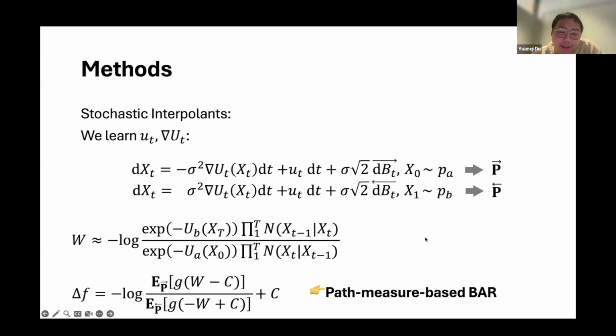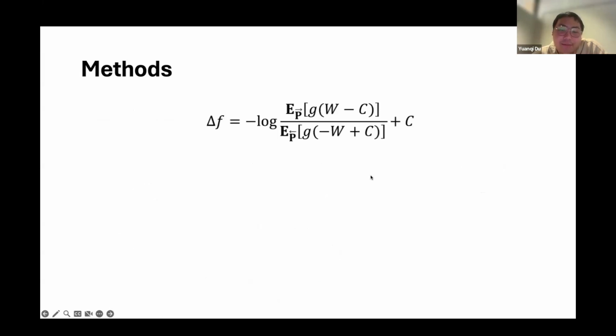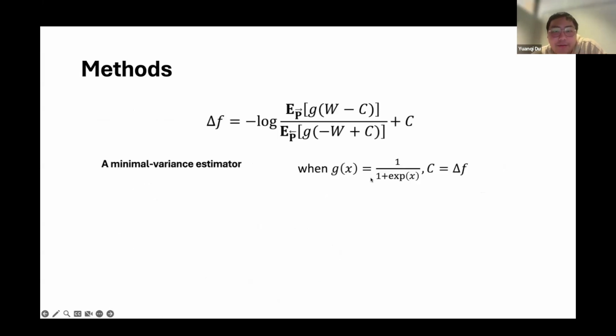And this is kind of like the BAR method generalized to path measure. Also, this is not new. We derived it, but this has been derived before. And then you have the minimum variance estimator for nonequilibrium sampling, and G here, the actual flux bit is also the Fermi function, and the constant C can be anything, and the optimal is delta F, the free energy difference.